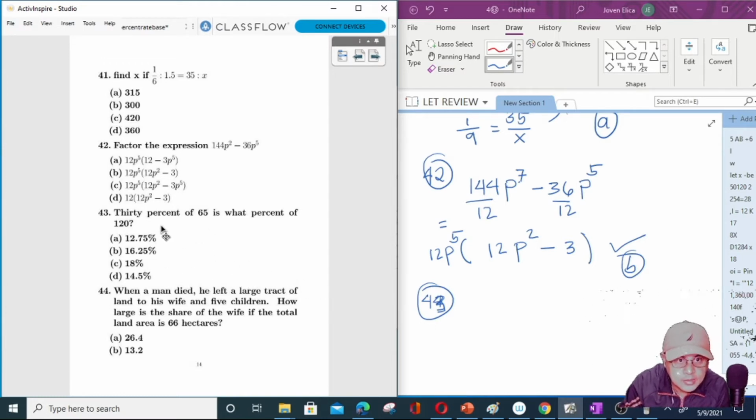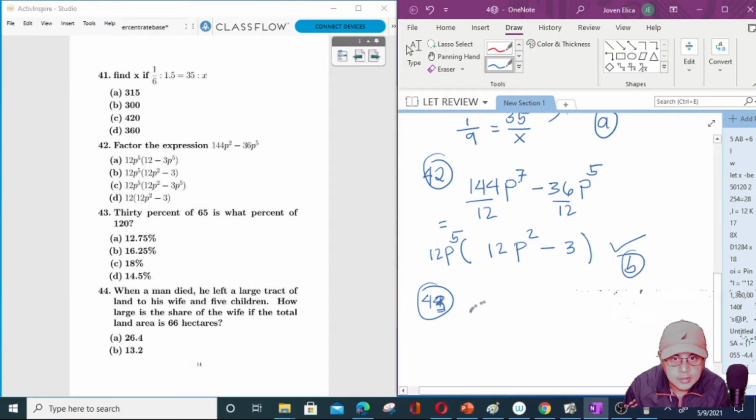So here, the rate is what we need to find. 30% of 65, that is multiplied, so this is P. What percent of 120?